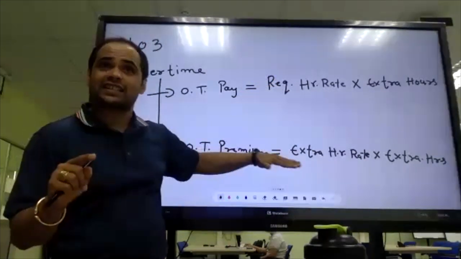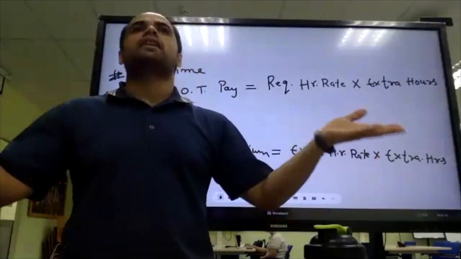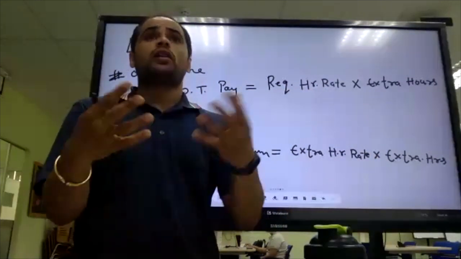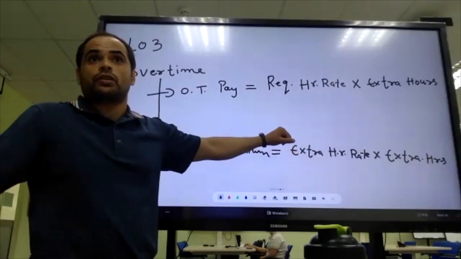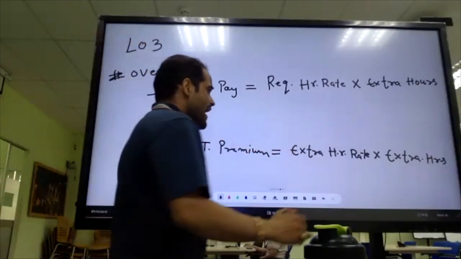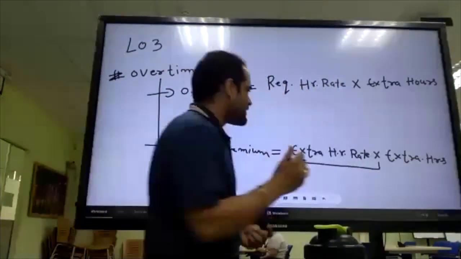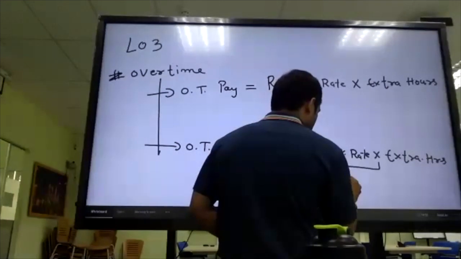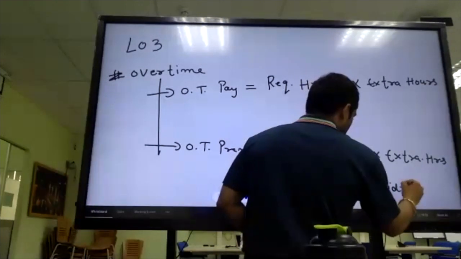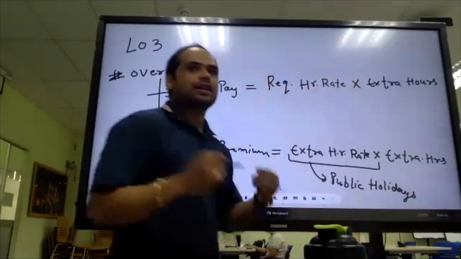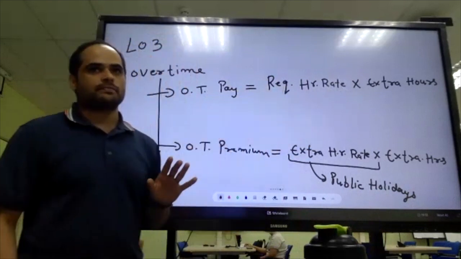The company pays them extra rates, which is maybe 1.5 times the normal rate. All right? If the normal rate is $10, they will work at $15. So remember, the best example of an extra rate is public holidays. The rate a worker gets on a public holiday, that's the extra hour rate.